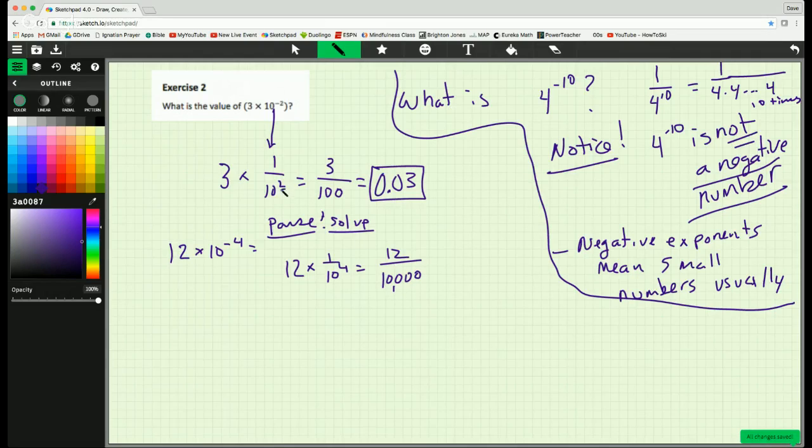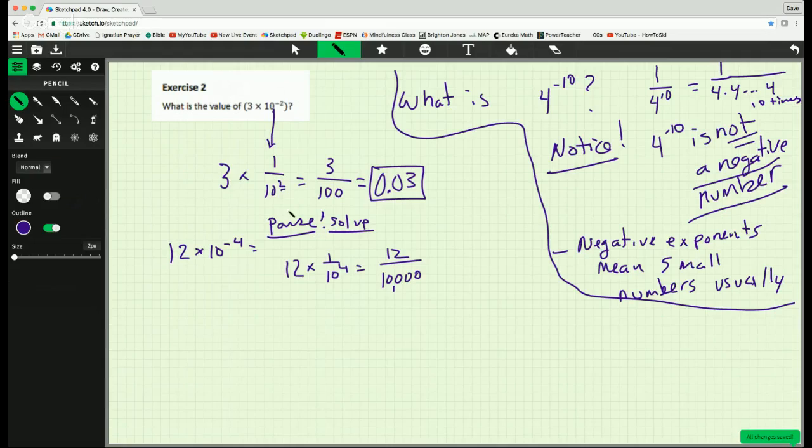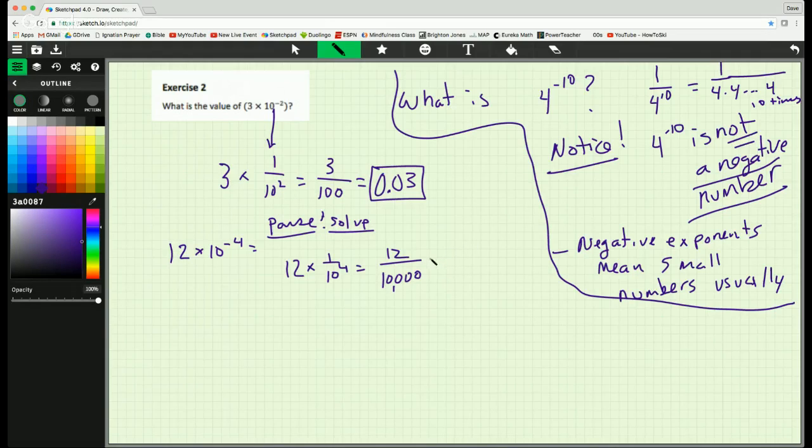The exponent when you're dealing with tens actually tells you how many zeros there are. So that's equal to 12, and I go 1, 2, 3, 4. 0.0012.